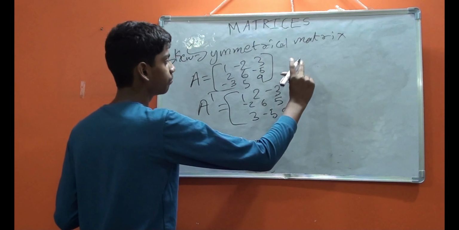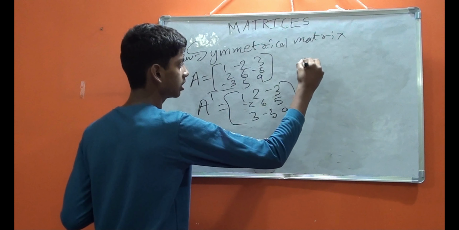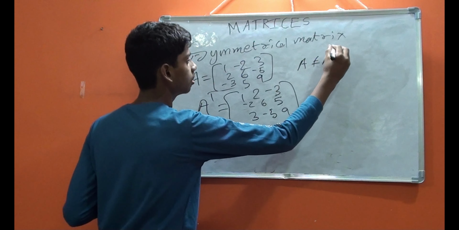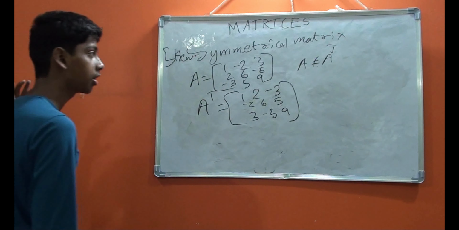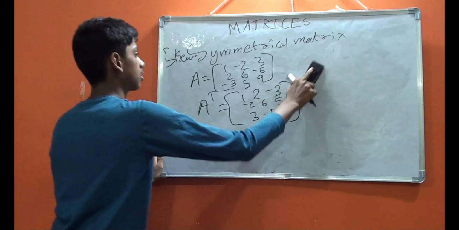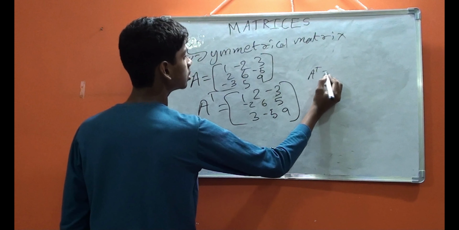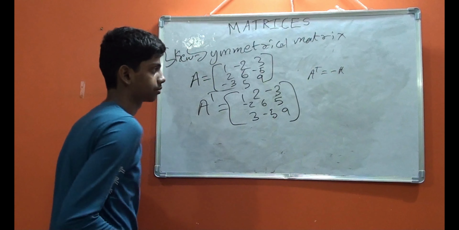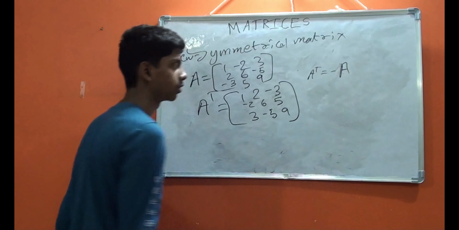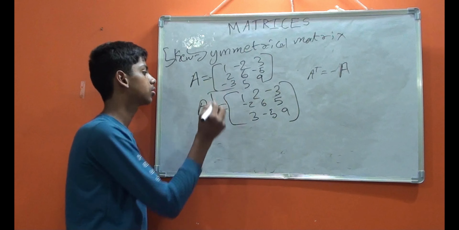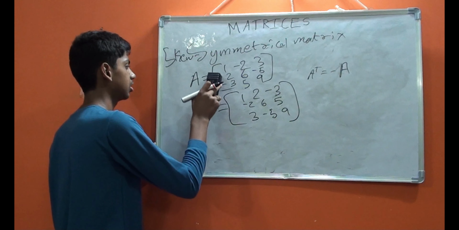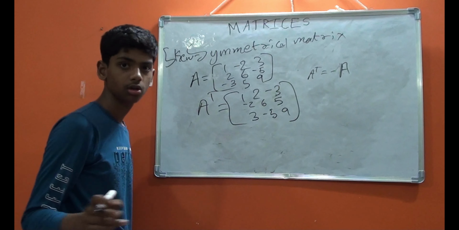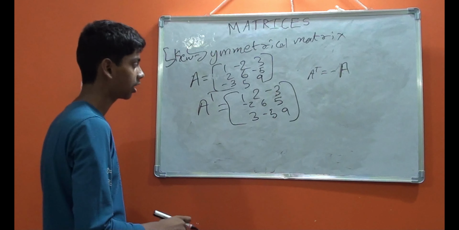Here A doesn't equal its transpose, but we call it a skew symmetrical matrix because A transpose equals minus A. When you multiply this with a minus sign, the answer would be this. So this is a skew symmetrical matrix.